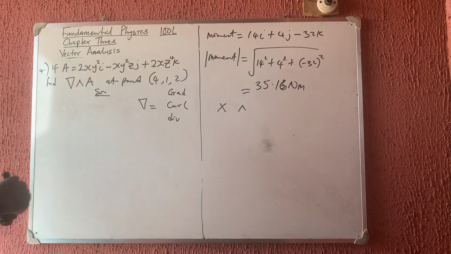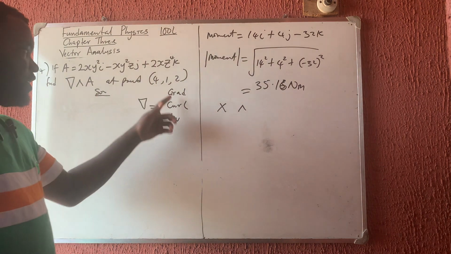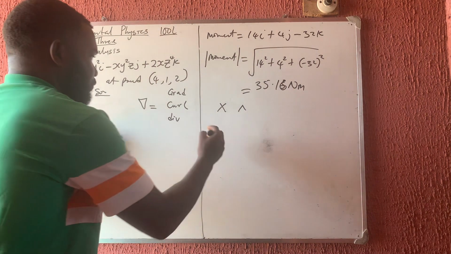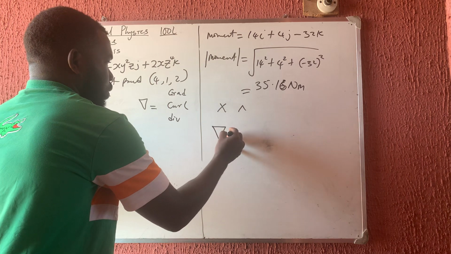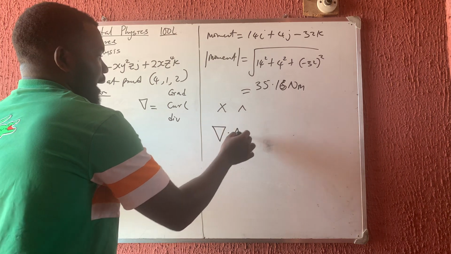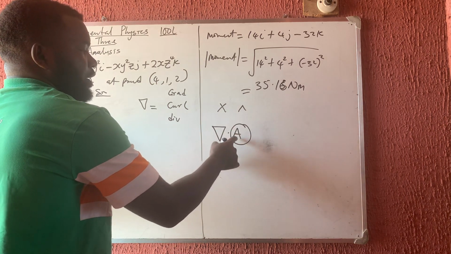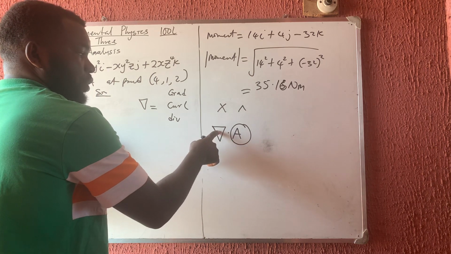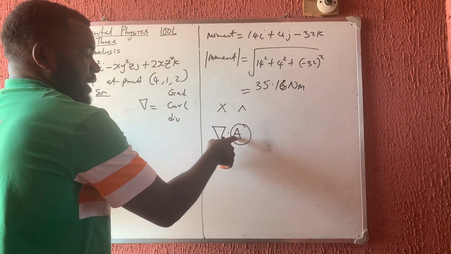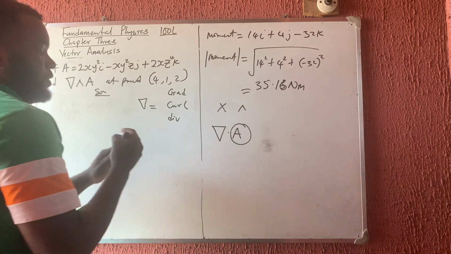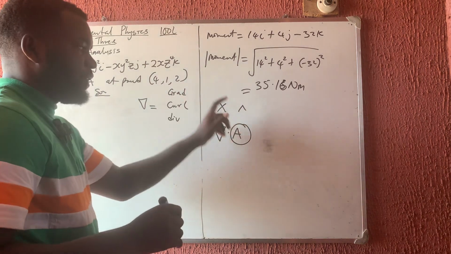Grad. Now, let me tell you when to know the name to call it. Now, if this thing multiplies A, and this A is a scalar, you know that this thing is a vector. When this thing multiplies a scalar, you call it gradient. So that's why we call it gradient of a scalar.